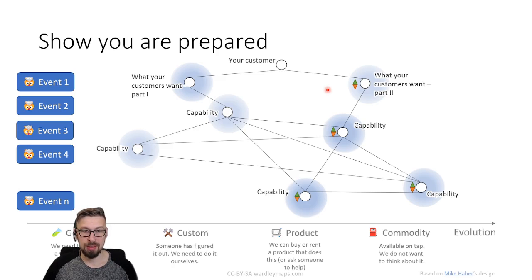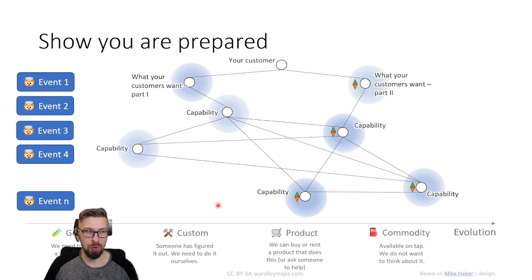But if you've done this analysis, you at least know that there are components which are fairly unaffected by plenty of changes, and there are components like this one here, which are extremely affected by almost every possible event. And those are the components in which you have to invest to build change management in them, because this is the only thing that will protect you regardless of what's going to happen.